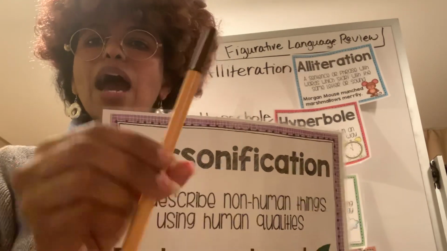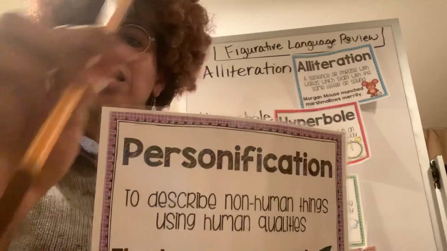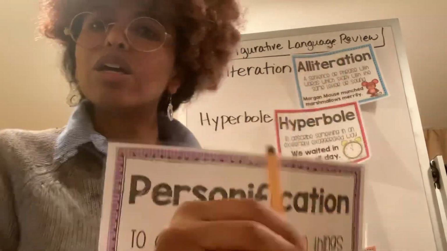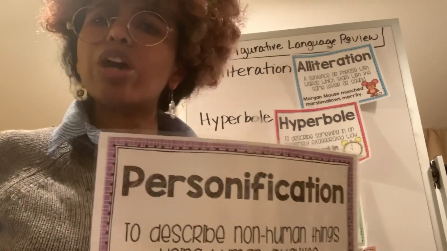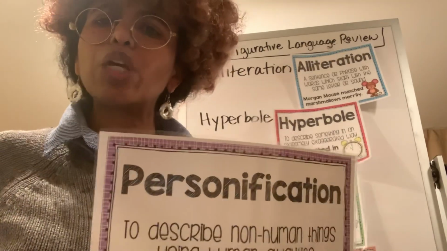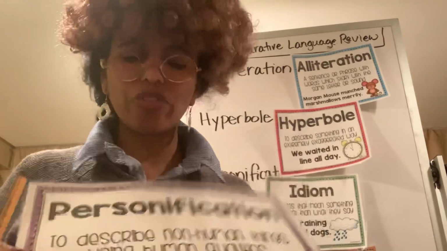So as I was writing, the pencil was dancing across the paper. Well, do pencils or pens really dance? No, they don't. And do they do human things like that? No, they don't. So that is personification.